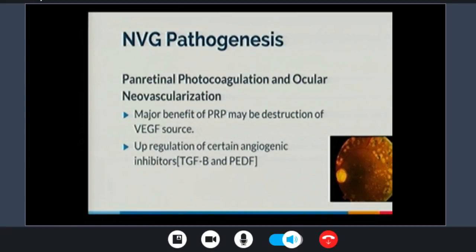At the same time, we found that when we do such a thing, it is associated with upregulation of certain anti-angiogenic factors like TGF-beta and PEDF, or pigment epithelium-derived factor. So these are three major benefits. Otherwise, you are not giving the appropriate treatment for this bad disease.